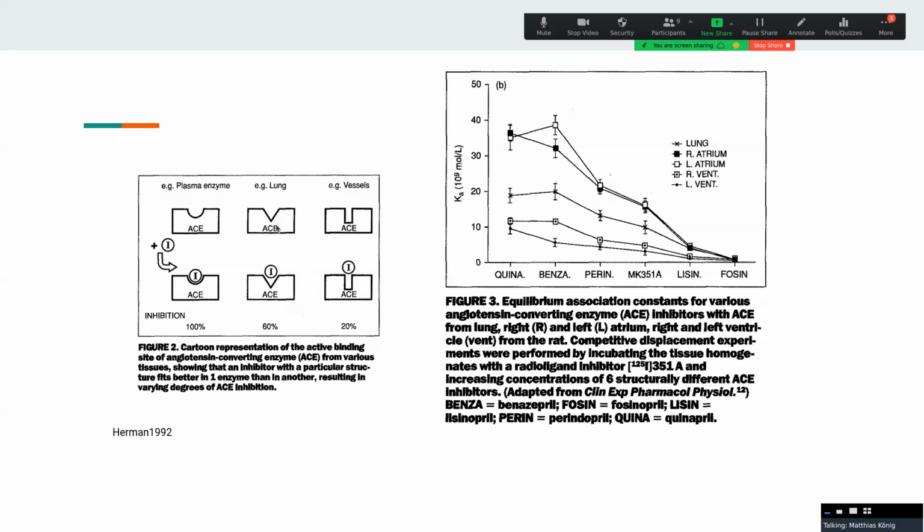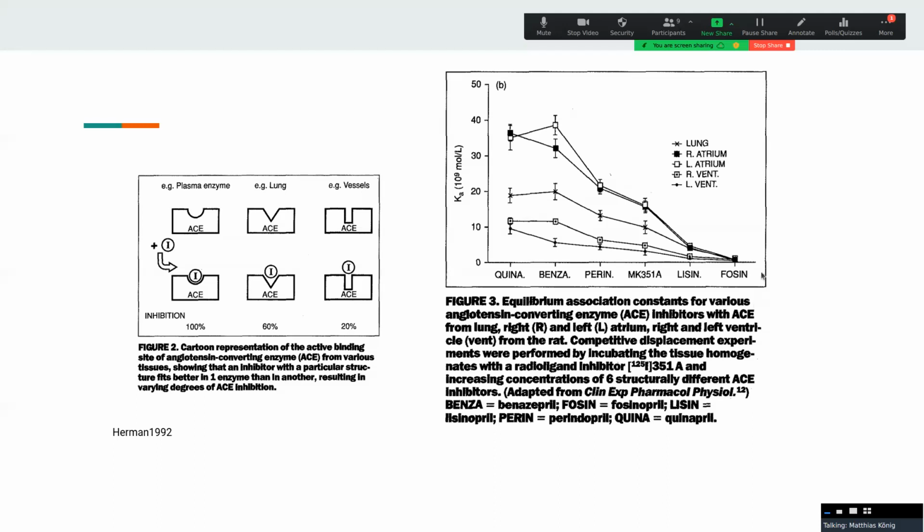An interesting thing is that you have a lot of different ACE enzymes in different tissues. You have different variants of the enzyme in the plasma, in the lung, and in the vessels, and they are all structurally a bit different. Certain ACE inhibitors can inhibit these differently.